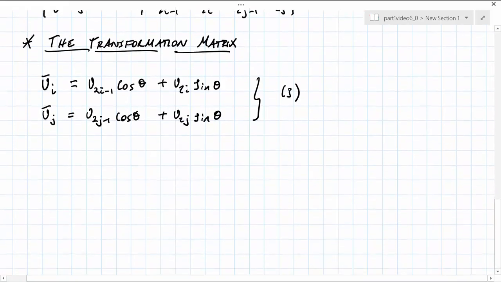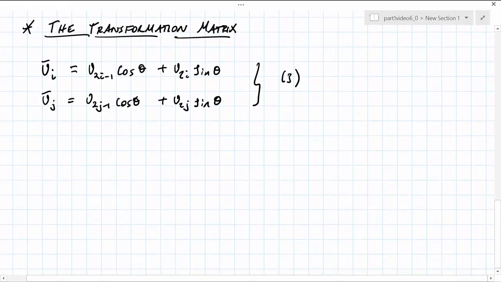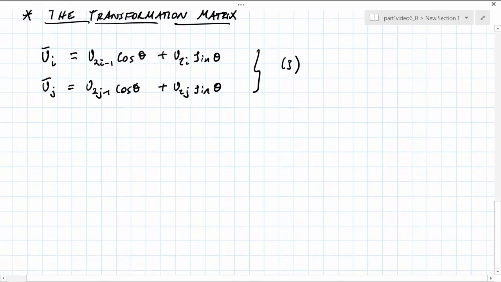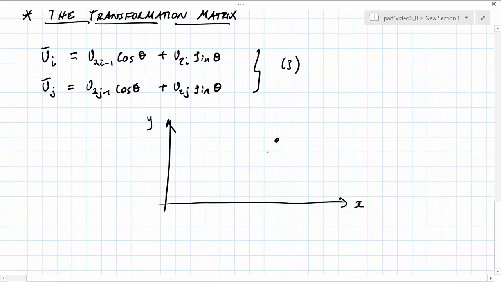To understand equation 3, we need to look more closely at our coordinate systems. Firstly, let's write down our global coordinate system given by x and y. We now pick a point P, which is given in polar coordinates, where the coordinates of this point are r and alpha, where r is the distance of point P from the origin, and alpha is its inclination.